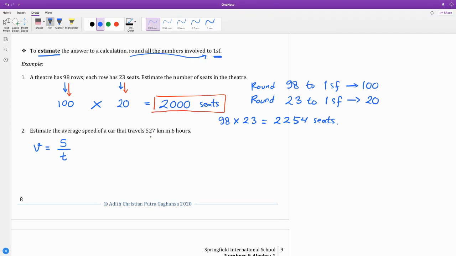Therefore, we need to round 527 to one significant figure. It becomes 500.